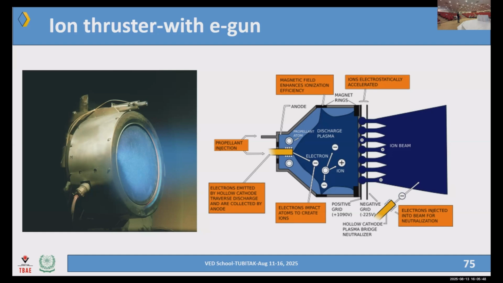Then the positive ions are accelerated, giving them a little bit of acceleration. That acceleration comes from a little potential held at a few kVs. But you cannot let the ions go away from this device, because due to electrical potentials they can interact.